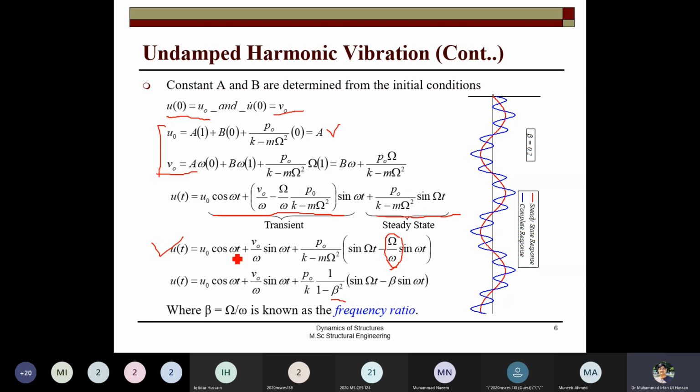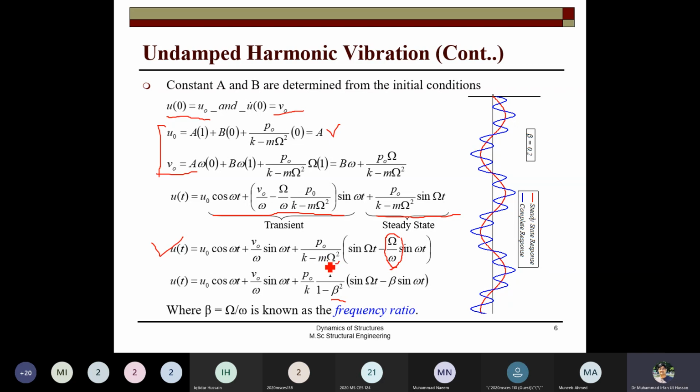So omega is the natural frequency of vibration of the system, v naught is the velocity, p naught is the amplitude of the applied loading. This omega bar is basically the frequency of the applied force. So the ratio of this is beta. We know that omega squared is k over m, so it means that m is equal to k over omega squared.